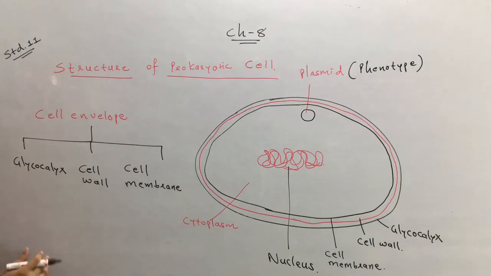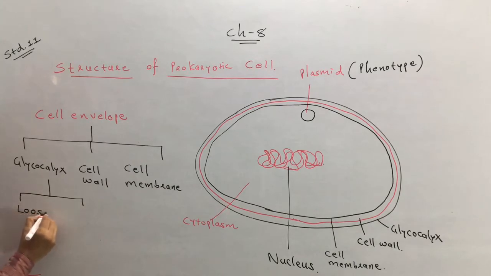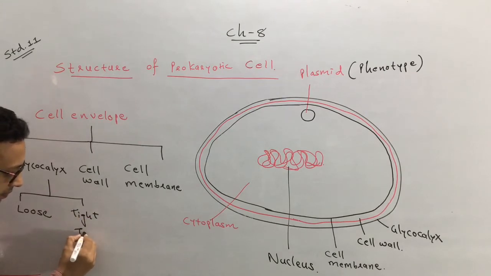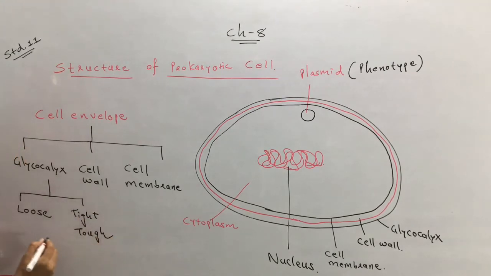The glycocalyx can be arranged in two ways: either a loose arrangement, or a tight and tough arrangement. If it is a loose arrangement, it is called a slime layer.